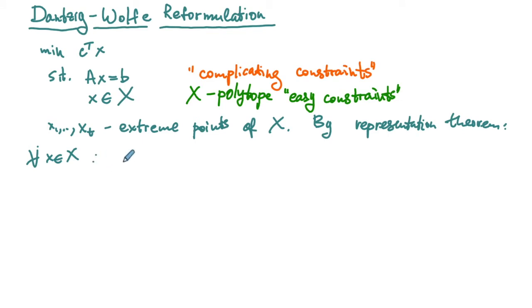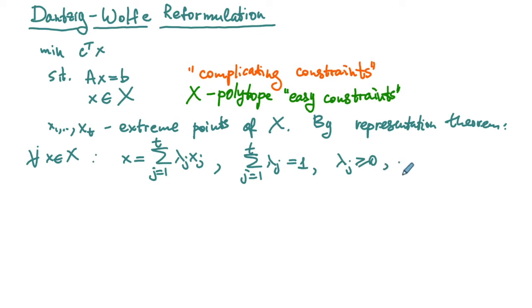So we have x equal to the summation of lambda j's xj's for j between 1 and t, where the summation of lambda j's is equal to 1, and all lambda j's are greater than or equal to 0 for j between 1 and t.